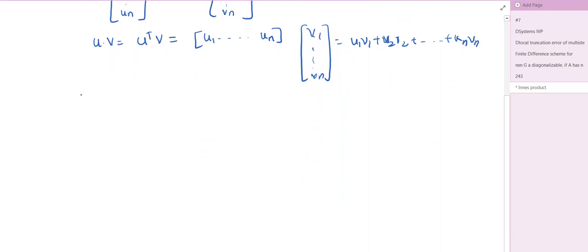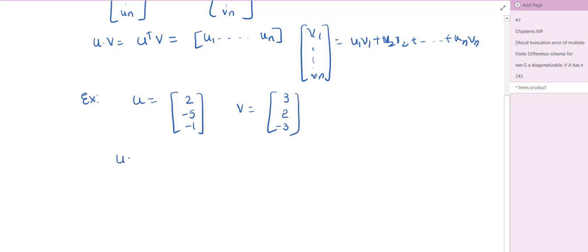So let us take some example. If I take the example that U is equal to 2, minus 5, minus 1, and V is equal to 3, 2, minus 3, then the dot product of U and V will be U transpose into V. U transpose is 2, minus 5, minus 1.